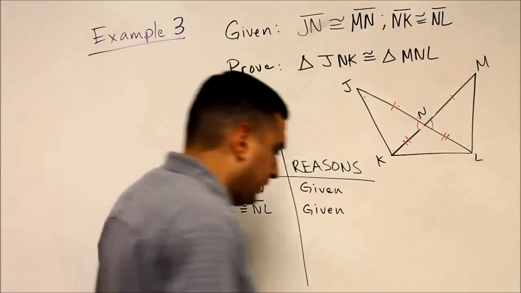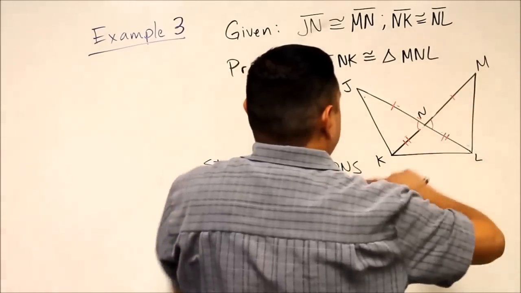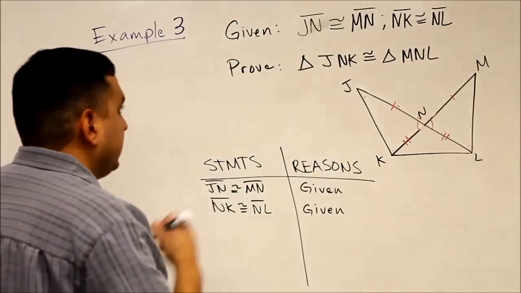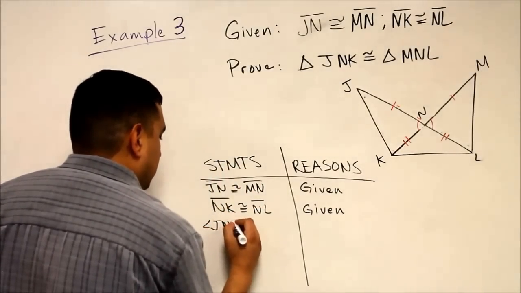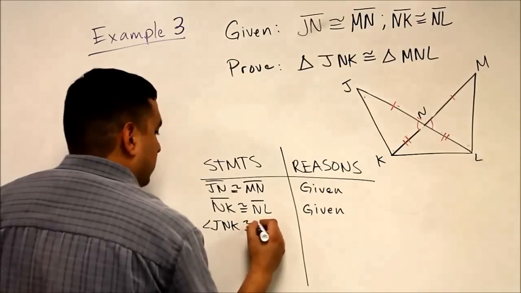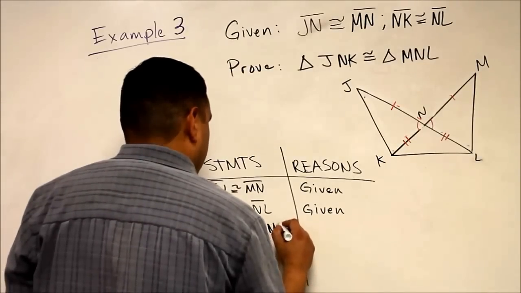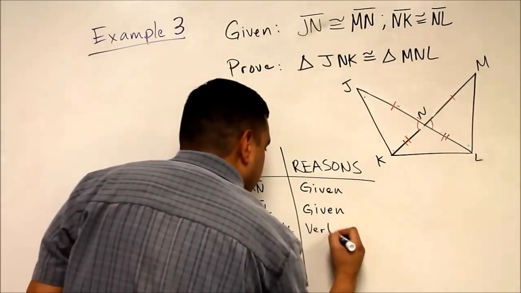I know I can do that because I have two lines. I have KM intersecting that line JL, and so I know that angle JNK is congruent to angle MNL because of the vertical angles theorem.